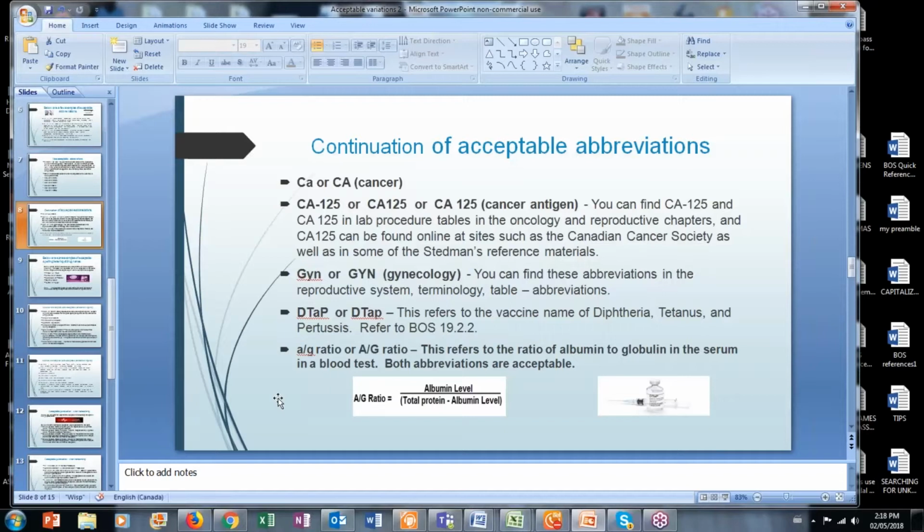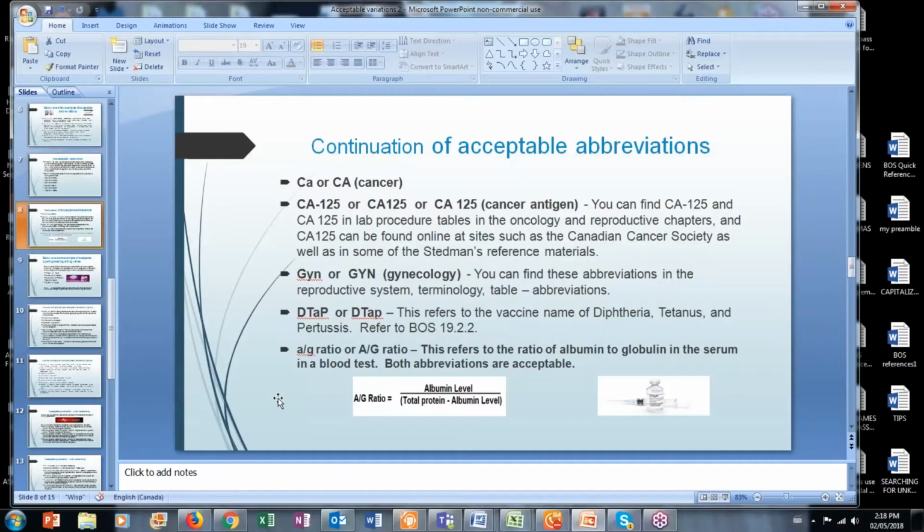They're all acceptable because you can find CA hyphen 125 and CA space 125 in lab procedure tables in the oncology and reproductive chapters, and CA without a space 125 can be found online at sites such as the Canadian Cancer Society, as well as in some of the Stedman's reference materials.